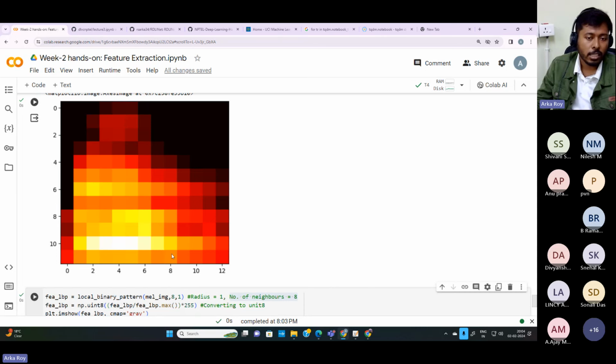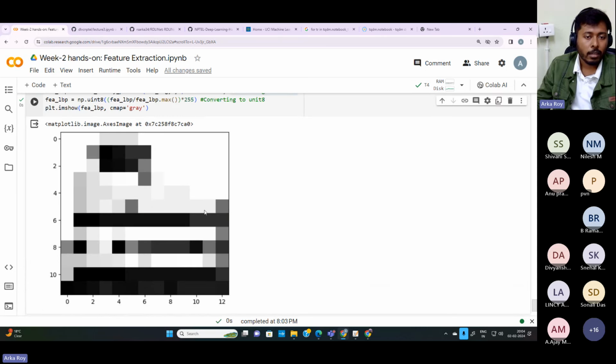Over here also the texture changes. So all these patterns have been captured in this LBP feature. From this LBP feature, again you can take the histogram and then compute the tertiary features such as entropy, energy, summation of all values, and many more.